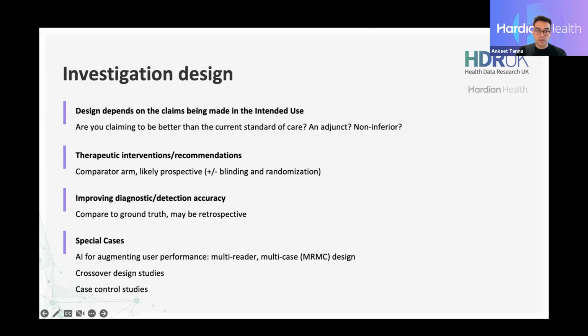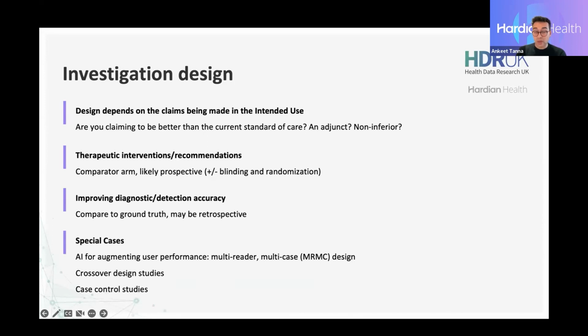Often in cases which involve therapeutic interventions or recommendations, such as digital therapeutics, you'd often need a comparator arm to show that your digital therapeutic or intervention is non-inferior to or superior to the current standard of care, or a placebo arm, for example.